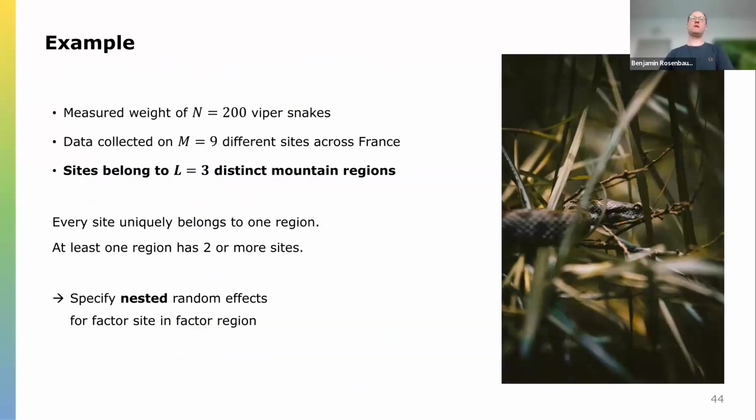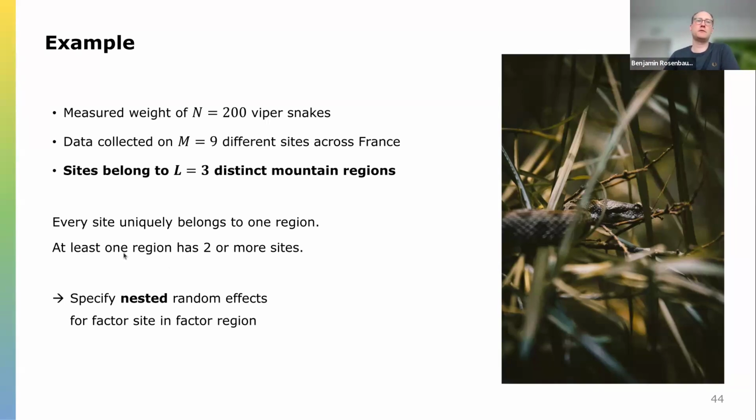Then there is another way these random effects could be structured. So again, the same example, but now we use a different predictor. So 9 different sites, but they again are grouped in 3 different mountain regions. Right, so each site can only belong to one region. There's no overlapping regions here.